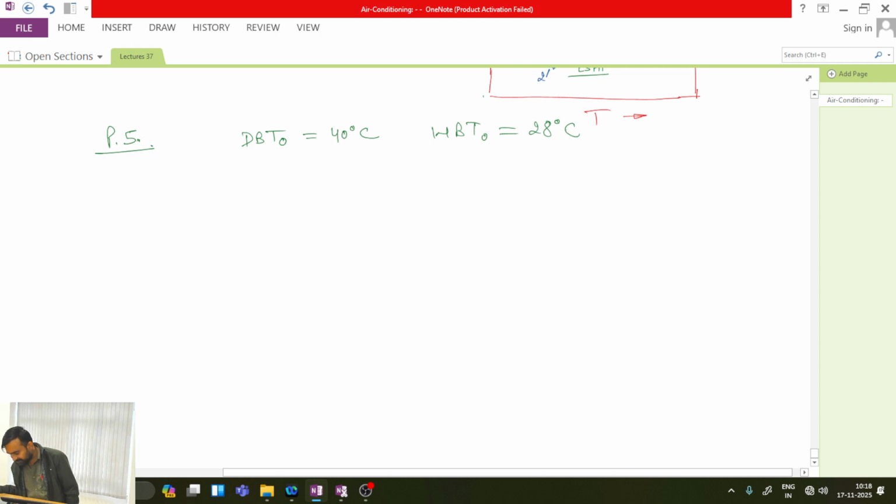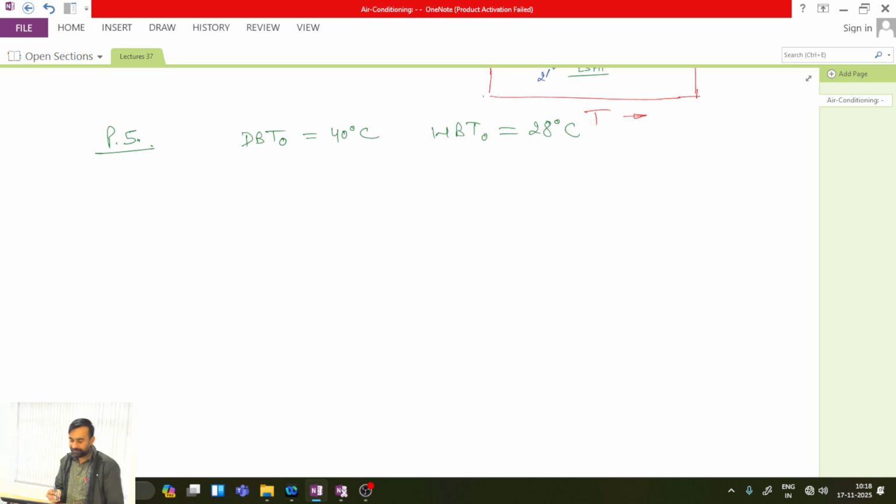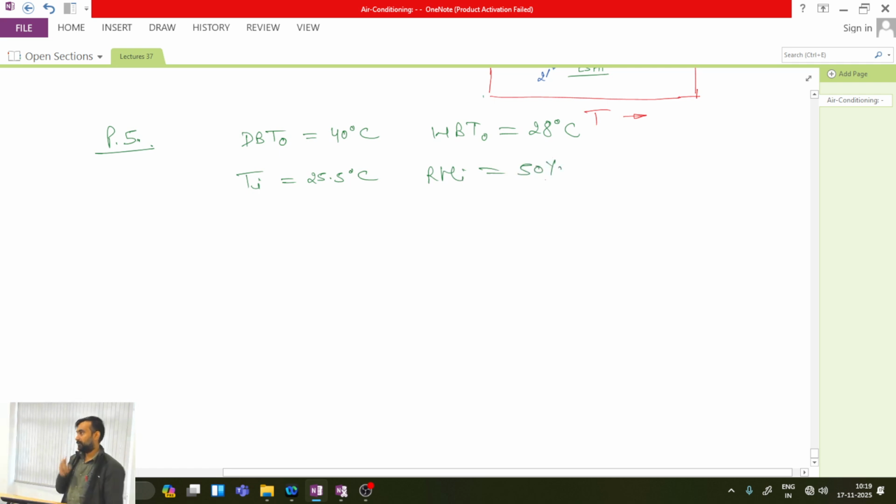The indoor design condition in a laboratory are 25.5. So it means T indoor is 25.5 degrees Celsius and RHI is 50%. Relative humidity is 50%. Okay.